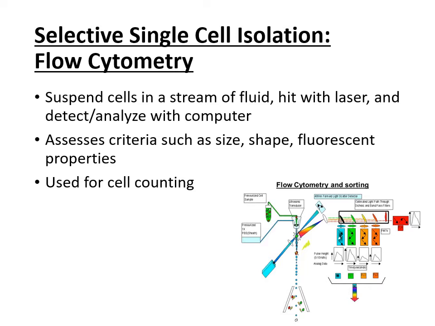Selective single cell isolation, called flow cytometry, is another isolation technique. In this case, it's a technique used to analyze the physical and chemical characteristics of particles that you have in a fluid as you pass through at least one laser.